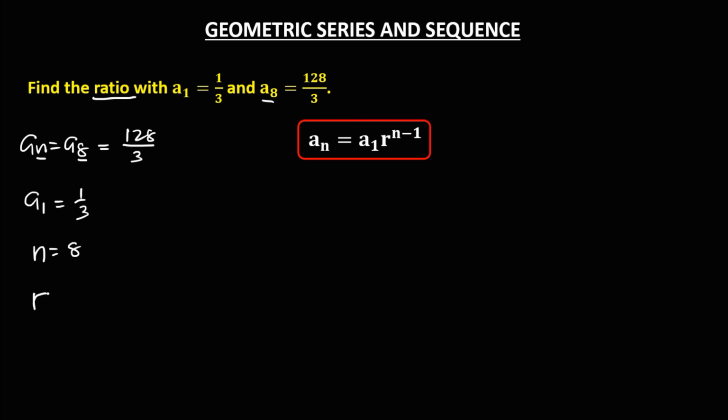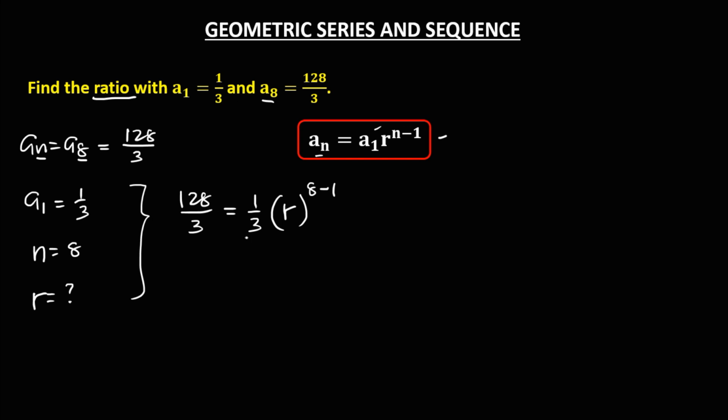And the common ratio is the unknown. So to find the common ratio, from this formula, a sub n, that's 128 over 3, equals a sub 1, that's 1 over 3, times r, the unknown, to the power n minus 1, so n is 8, then minus 1.